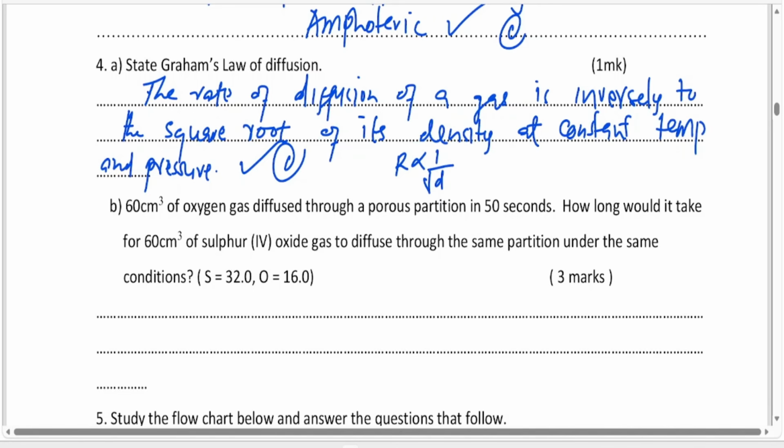Now, we have part B of this particular question. 60 cubic centimeters of oxygen gas diffused through a porous partition in 50 seconds. How long would it take for 60 cubic centimeters of sulfur oxide gas to diffuse through the same partition under the same conditions?